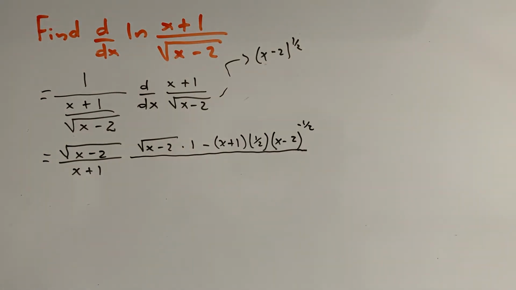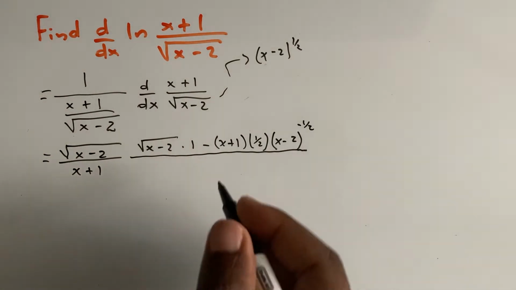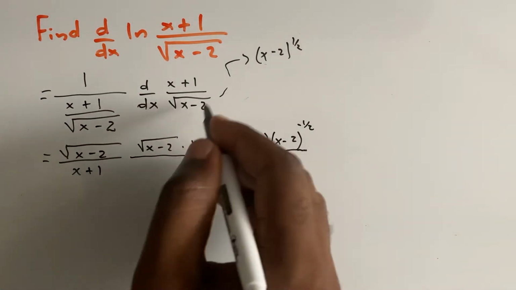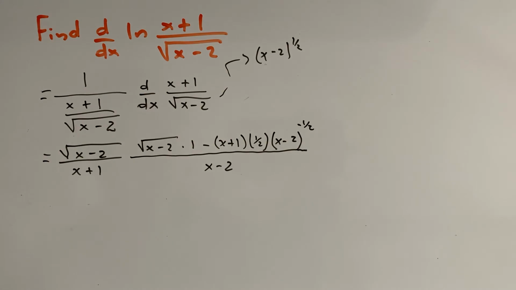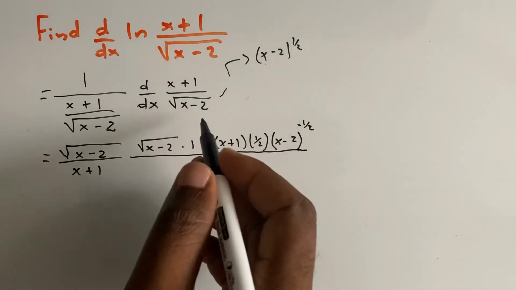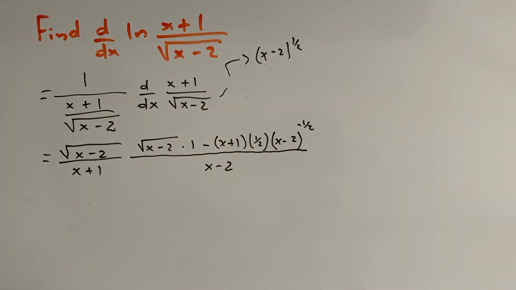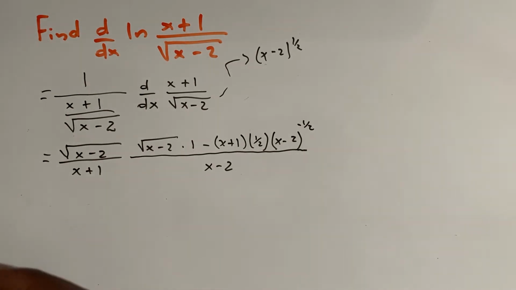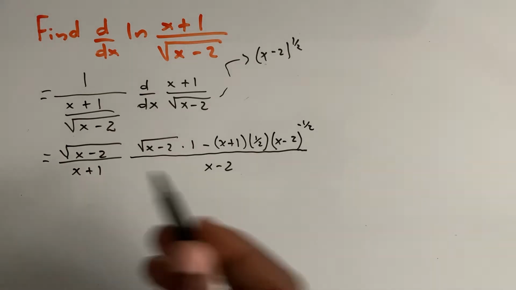This is all divided by the square of the bottom, square root of x minus 2 squared, which is x minus 2. From here, the rest is just math. Do the math and you'll get to your answer.